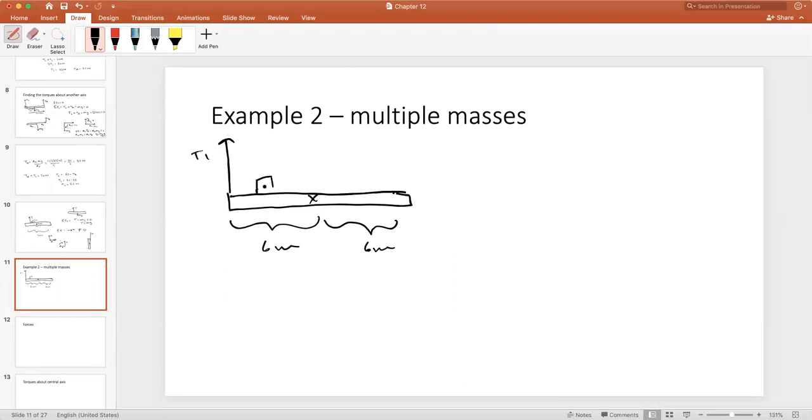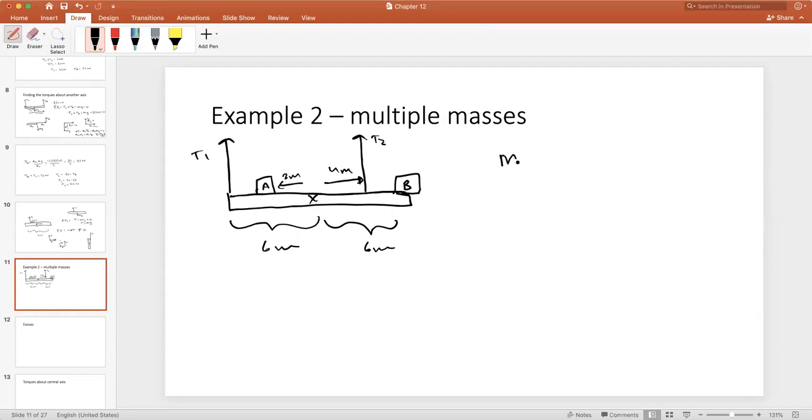I'm going to have a mass A that is located at a distance of 3 meters away from the center. So 3 meters away. I'm going to have a second wire, and that's going to be 4 meters from the center. And I'm going to have a second mass B, that is going to be right on the edge there.